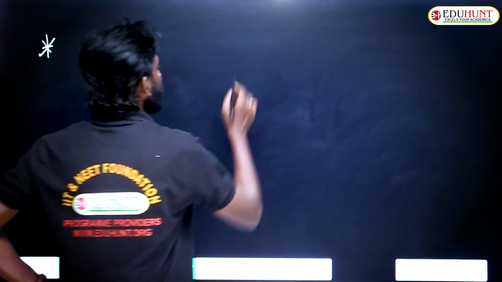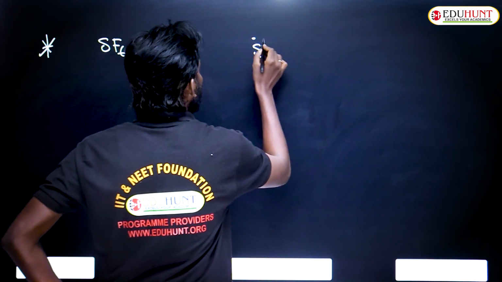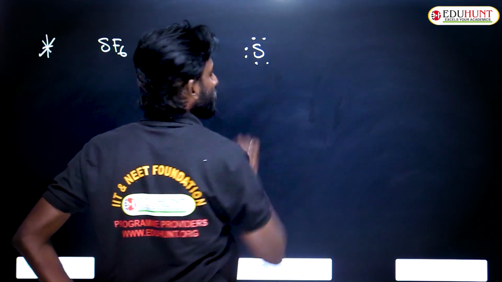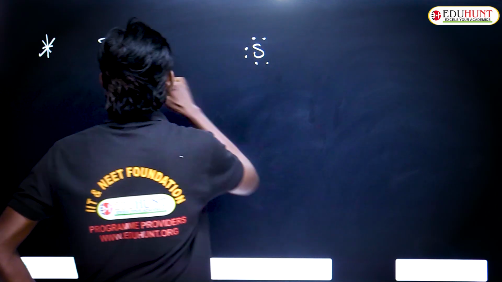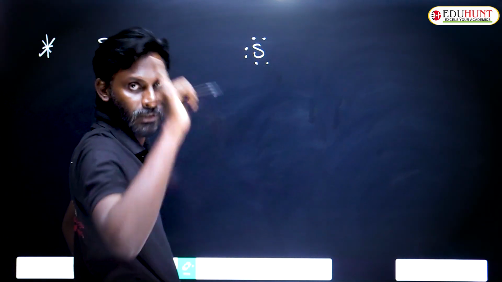Now similarly, SF6, sulfur hexafluoride, what kind of category does it come in? Sulfur belongs to the 16th group, 6 valence electrons. As a side atom, halogen can form only one bond.